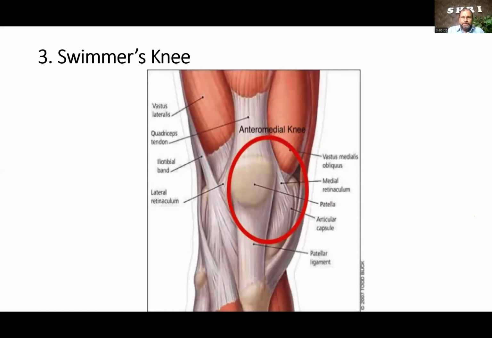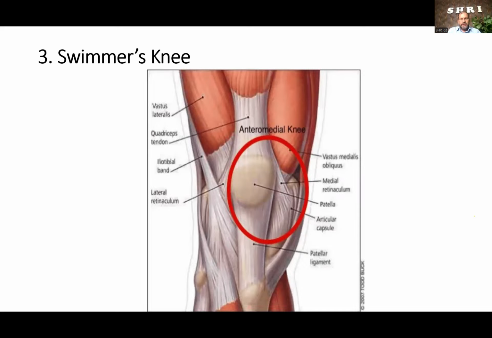In the picture, I have circled the patella, the medial retinaculum and articular capsules on the medial side, and the medial collateral ligament. These are the four main structures which can get affected in swimming, especially in the breaststroke, right?